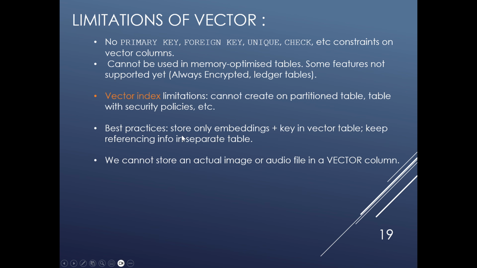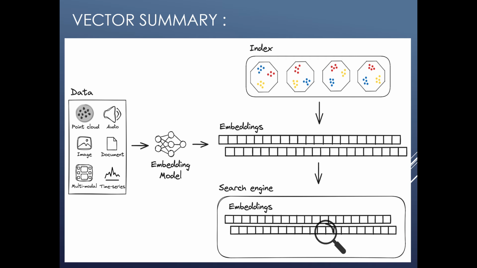Best practices, of course: store only embeddings plus key in the vector table, which I have made clear multiple times. And yes, we cannot store an actual image, but we can do this in another way, as I just said. That's all. This is our final slide, the 20th slide. This diagram I have captured from the internet. The data can be of any type: audio, image, document.